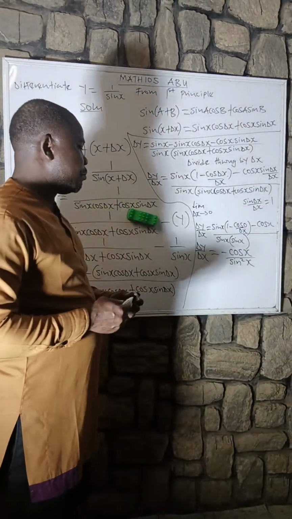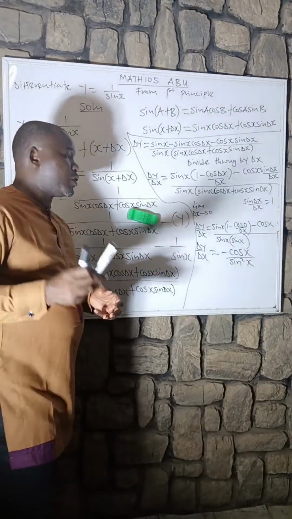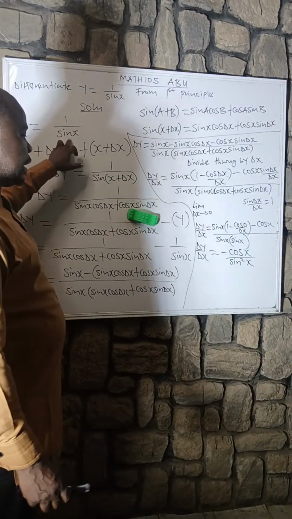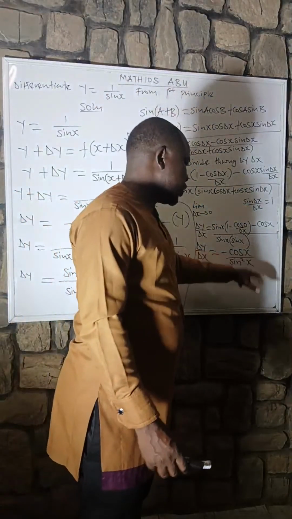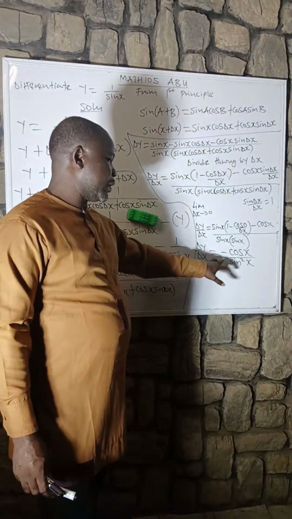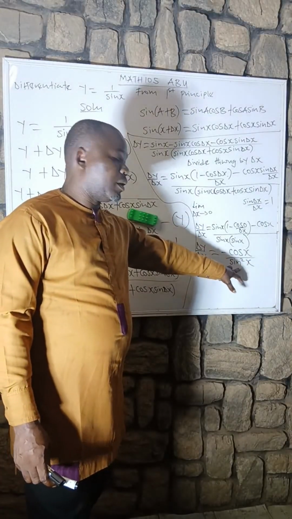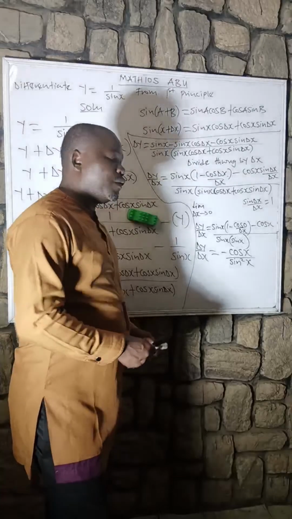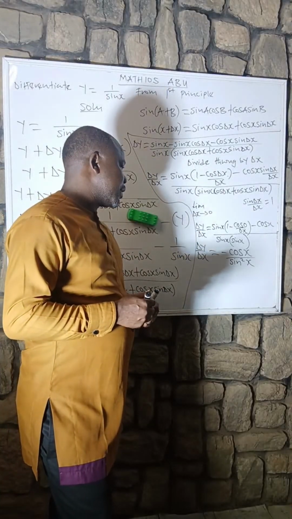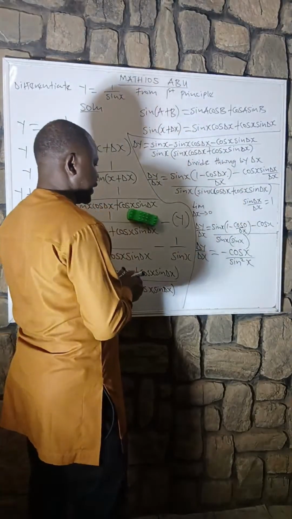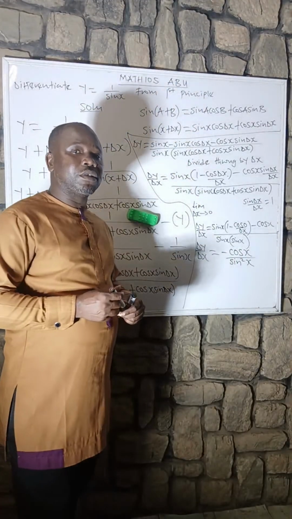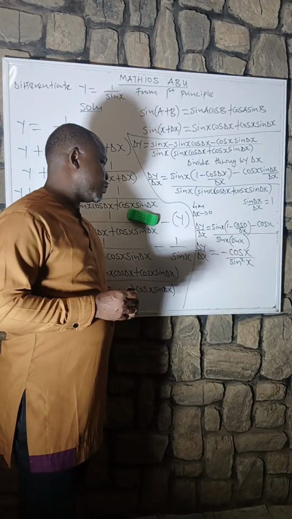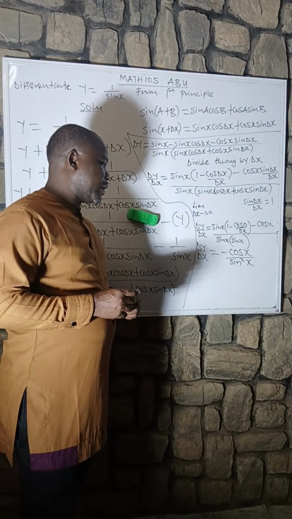So if you use first principle to differentiate 1 over sine x, this is what you are supposed to have: dy over dx equals minus cos x over sine square x. But sine square x is the same thing as 1 minus cos square x. True or false? It's true.